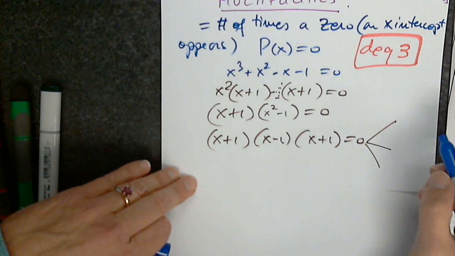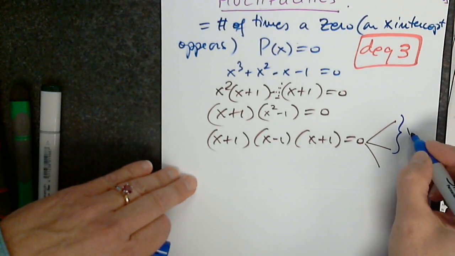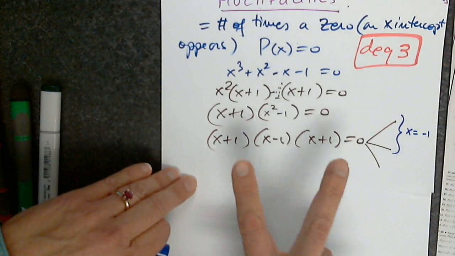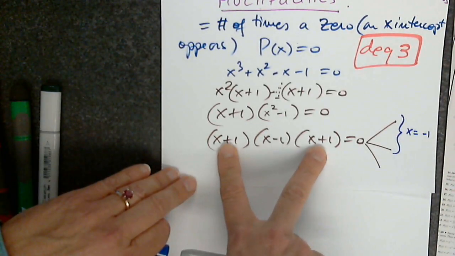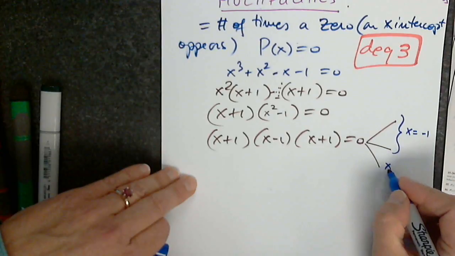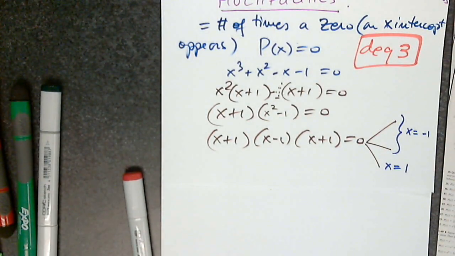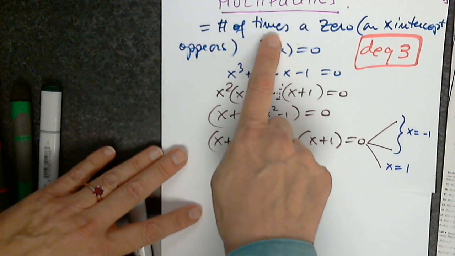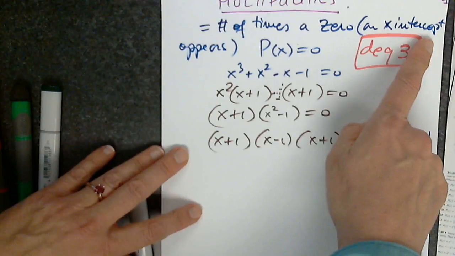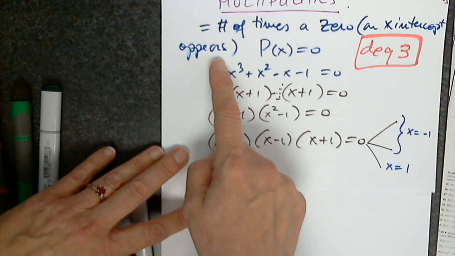So x equals -1 appears twice, that's the multiplicity, and x equals 1. What is the multiplicity of -1? The number of times an x-intercept appears.